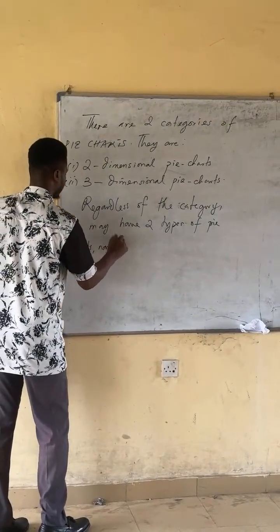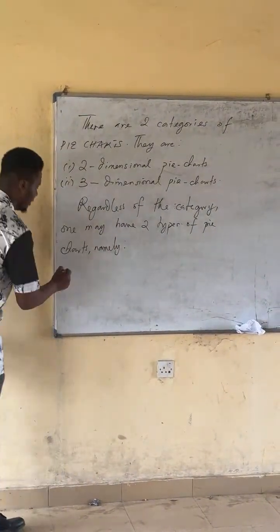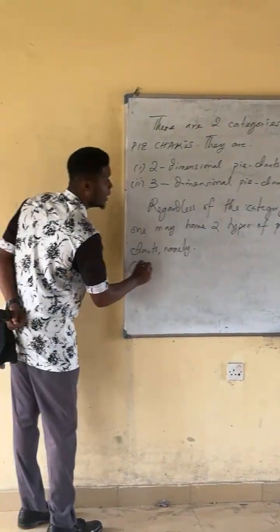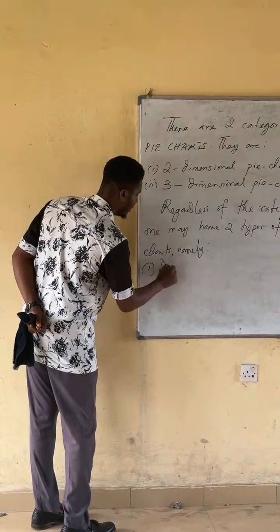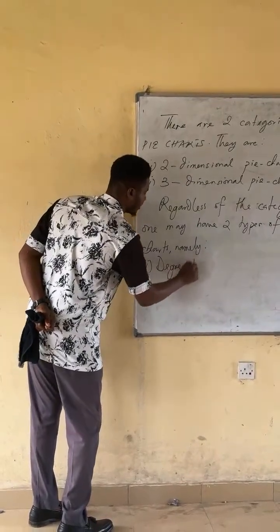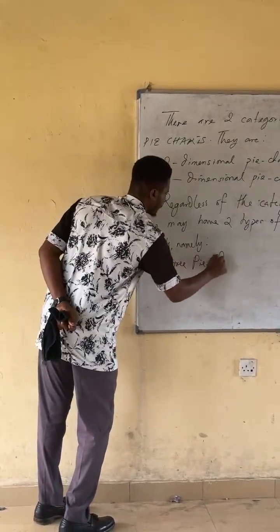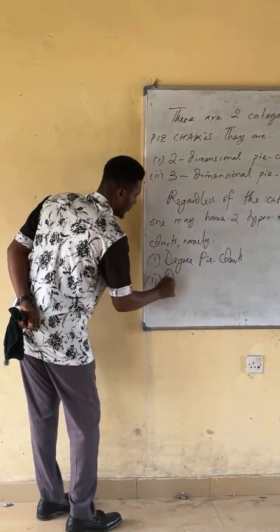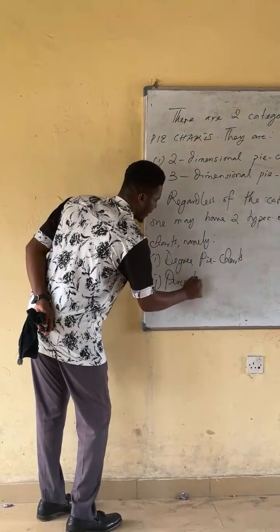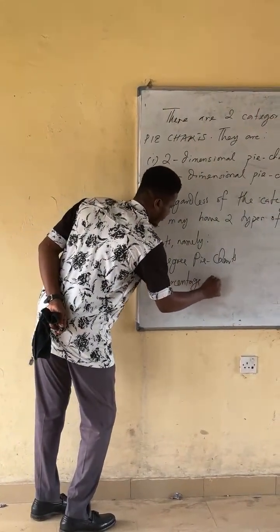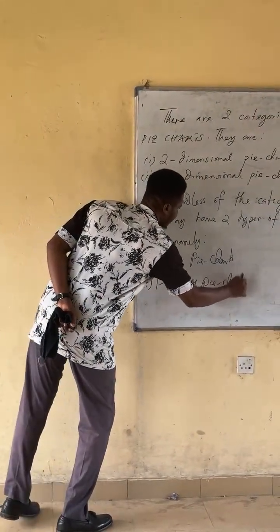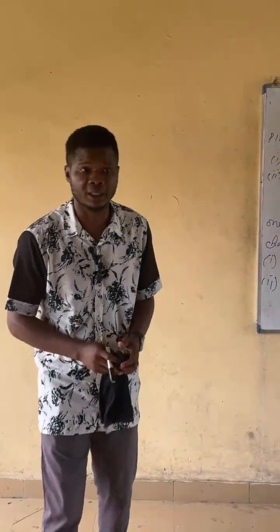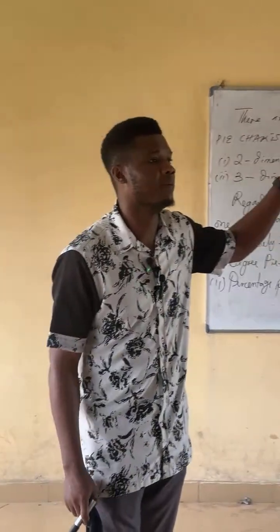Namely, one, I'm going to explain, degree pie charts, and two, percentage pie charts. Now, we are going to use the two of them quickly to address the problem we had.